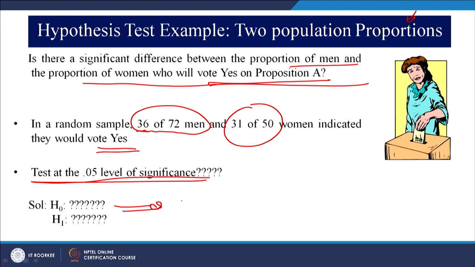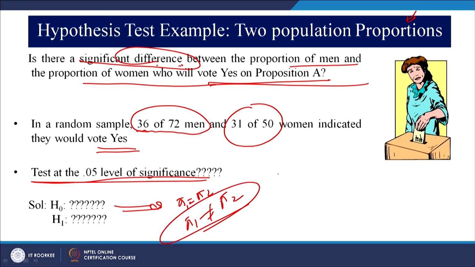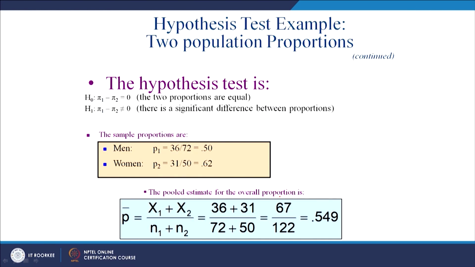It would be pi 1 is equal to pi 2, is not it, that they are same, and what we have to see is whether there is any significant difference, as in the question, right. So, there is no significant difference. So, this is your alternative hypothesis. So, this is a case of two tail test, is not it. So, these two are rejection regions. So, let us work out this question.